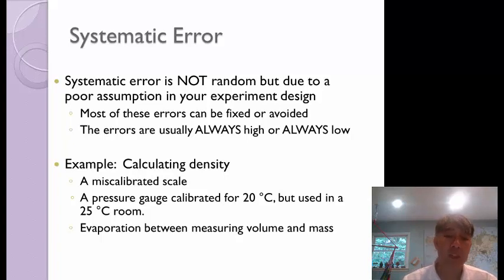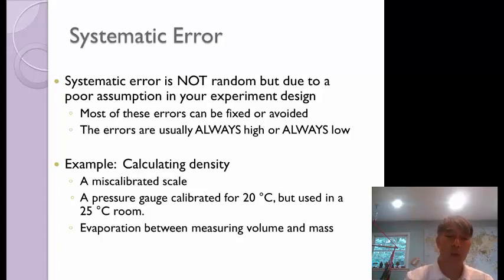Other examples of systematic errors are miscalibrations in equipment, like a miscalibrated scale where 0 is not an empty scale. That's an example of an error that can be fixed simply by calibrating it. One example that you can't fix is if you're measuring the volume and mass of a liquid.